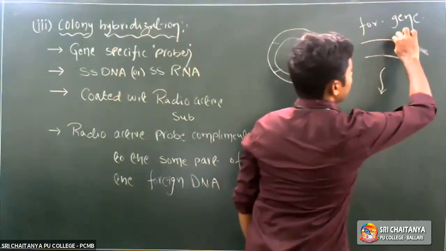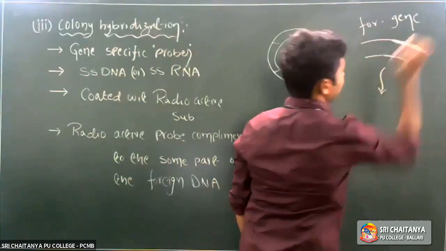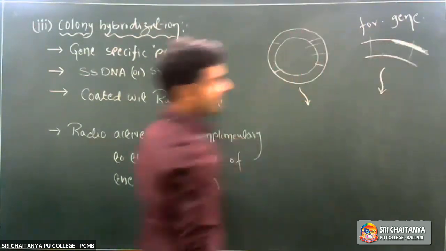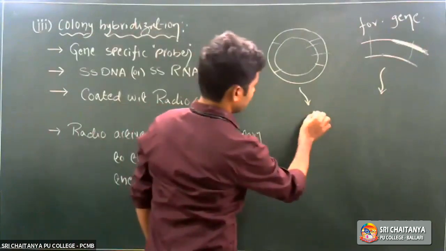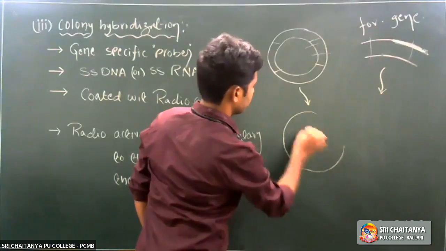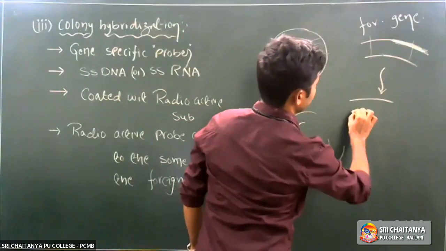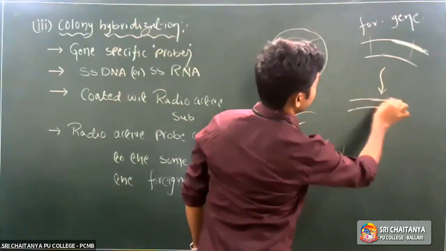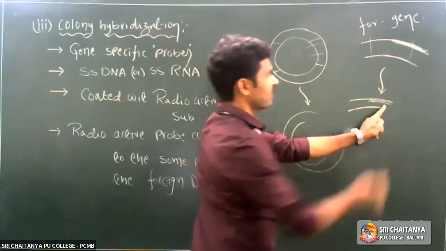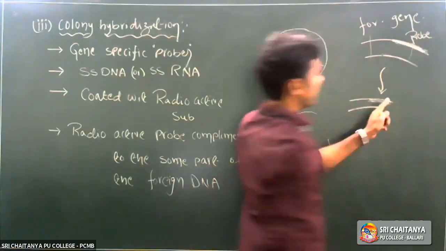For example, at this end we tag the radioactive probe. After that, we treat with restriction endonuclease enzymes, resulting in the formation of the same type of sticky ends, and here also the same thing, the same type of sticky ends. So this is the radioactive probe.